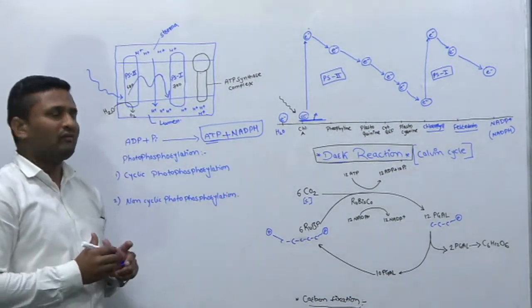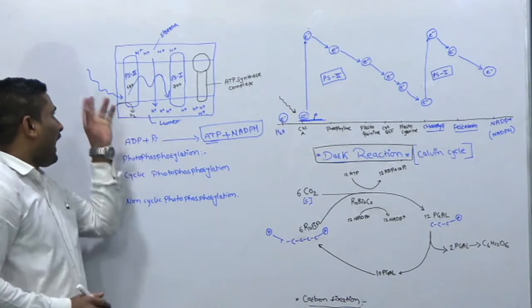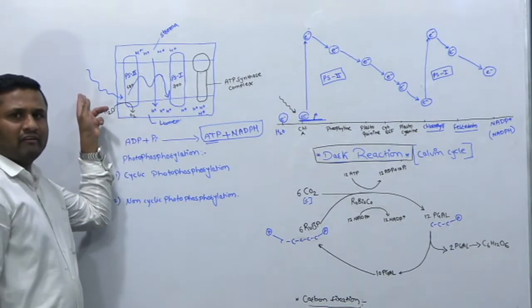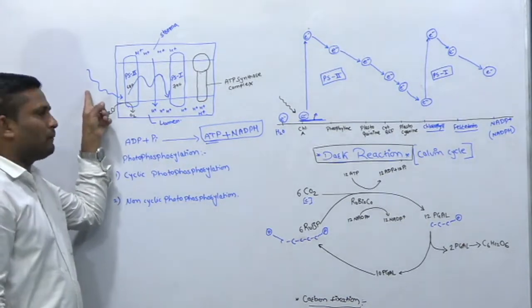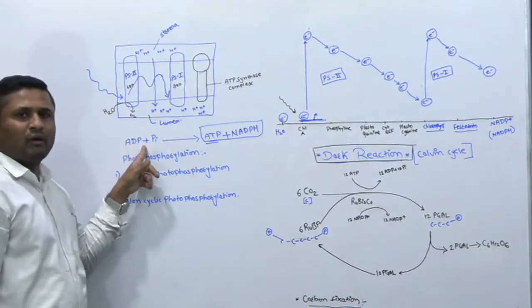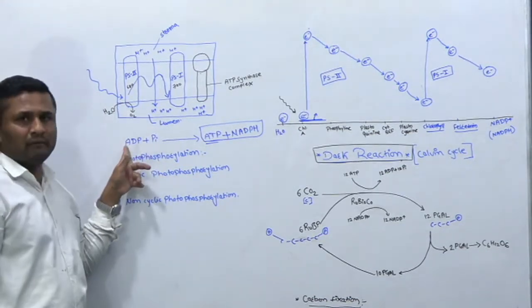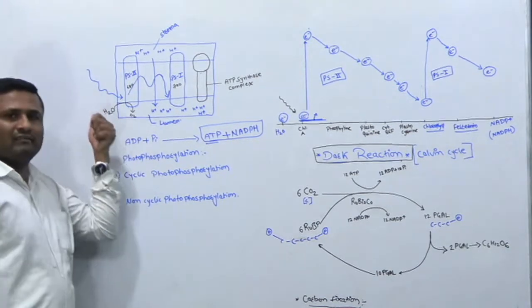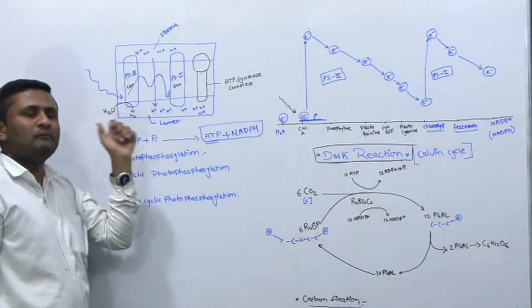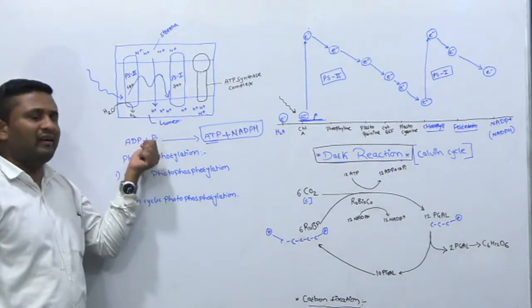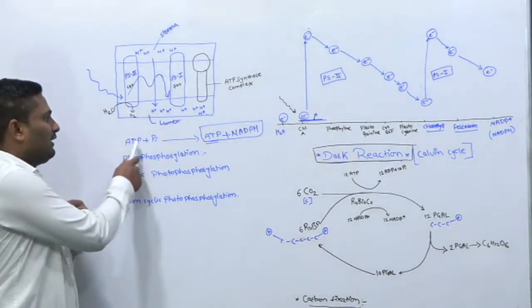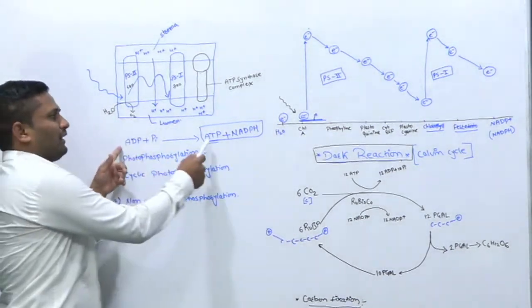Now see here, as we are using light energy, that means the energy which is coming from photon is performing the addition of phosphate group to the ADP. Okay, this energy which is coming from photon is adding this inorganic phosphate to the ADP, and then we are getting this ATP.